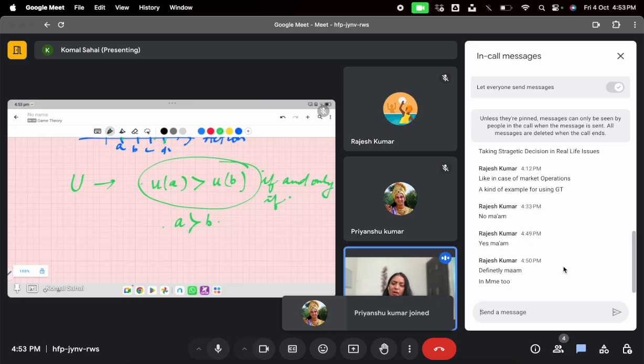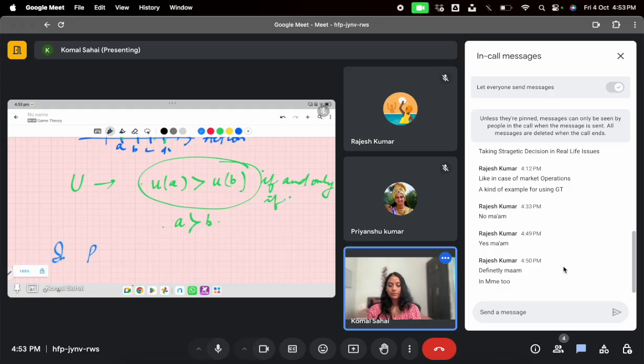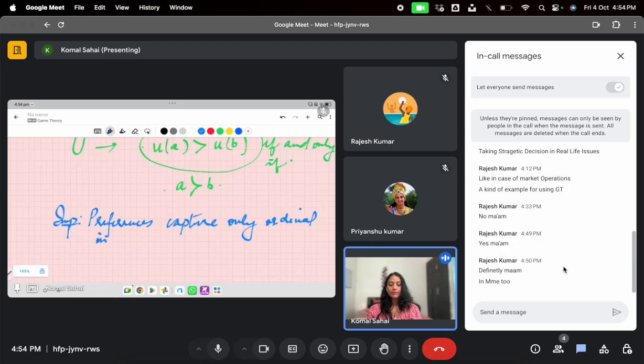Now, an important point to note is that a utility function will only capture ordinal information, right? So this is important: we know that preferences carry only ordinal information. If we say that A is preferred over B, that is all we know.